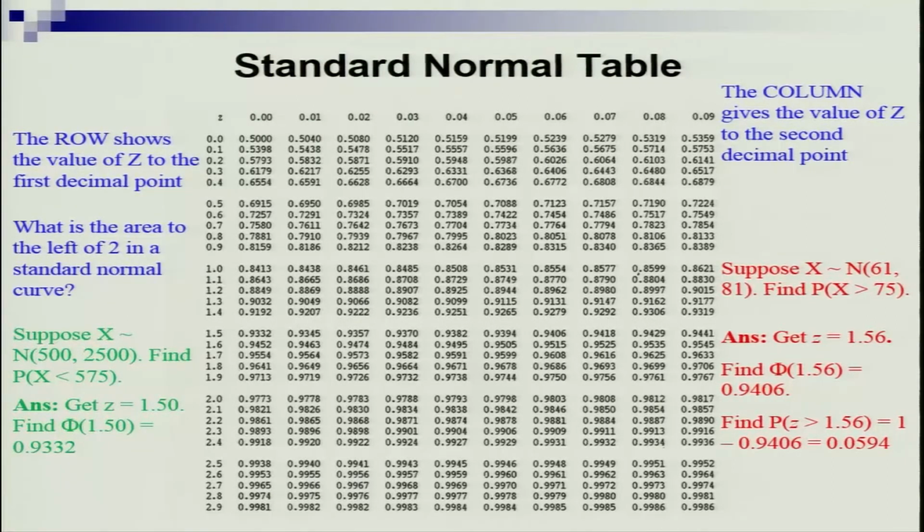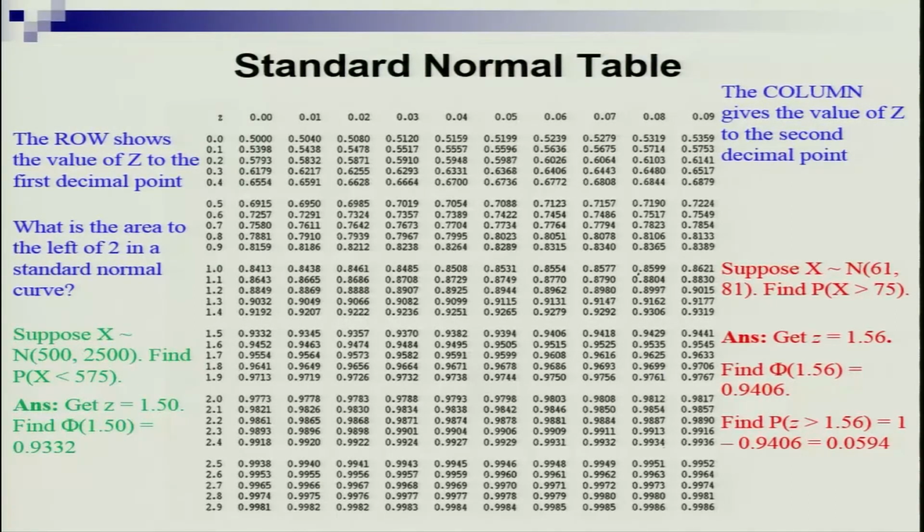So, the variance will be 2500. It is basically a normal (500, 2500) distribution, and we are asked to find the probability that x is less than 575. First, you get the z score, and that is 1.5. I have already explained how to get that z score.